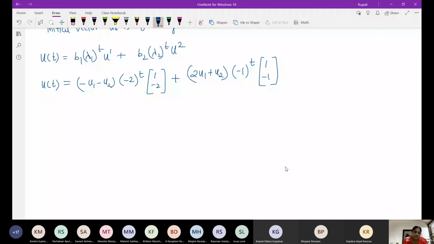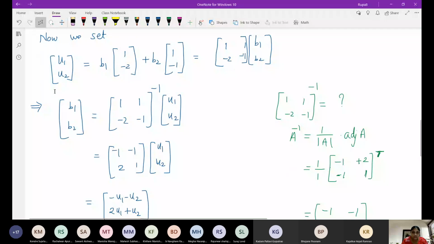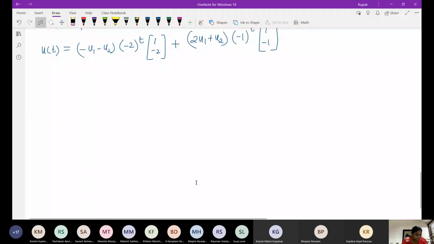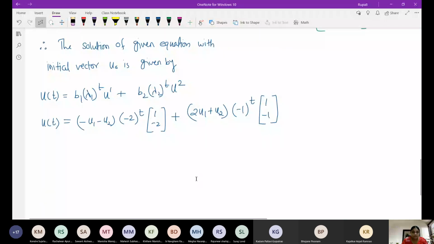There you have to find 3 eigenvalues, then the corresponding 3 eigenvectors, and then b1, b2, b3 in this way. Is that okay? Yes, ma'am.